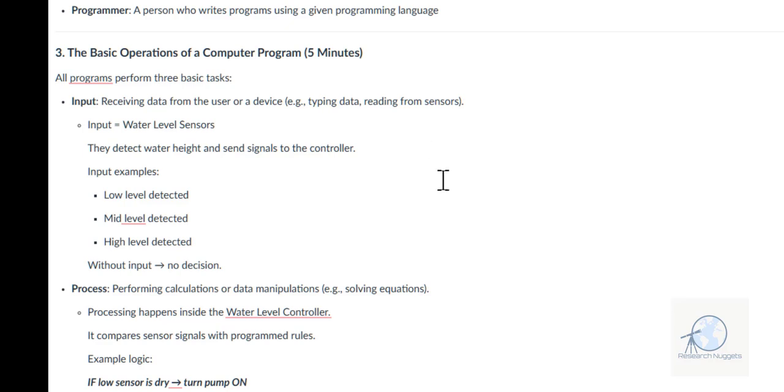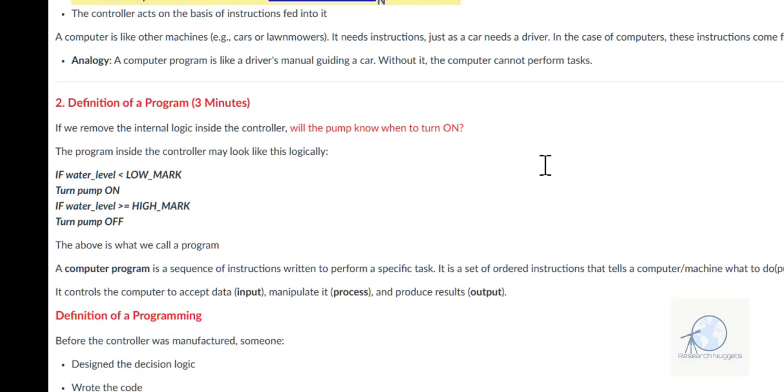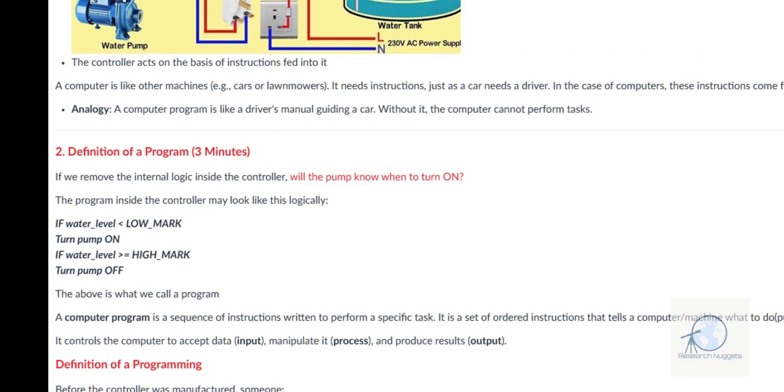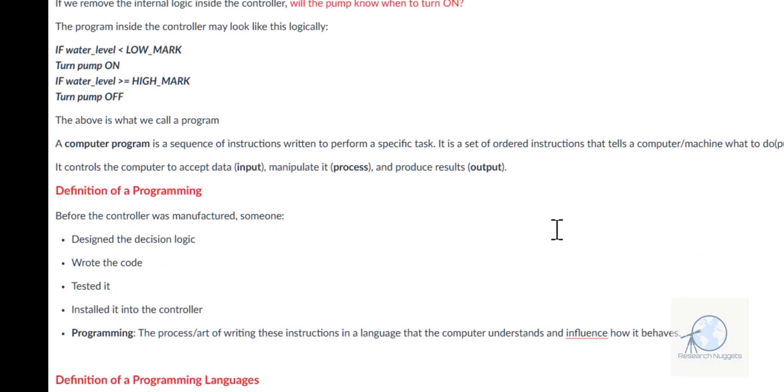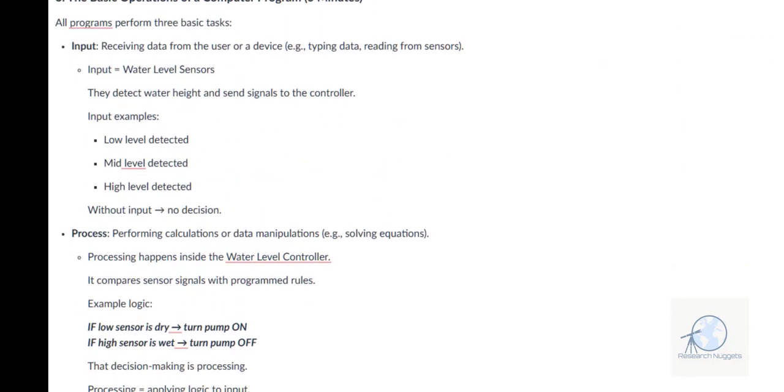The input is responsible for receiving data, and this data could be coming from a user, maybe typed from a keyboard or triggered by your mouse, or it could be coming from a particular device. In this case, our input is coming from the sensors that have been put inside that particular tank.